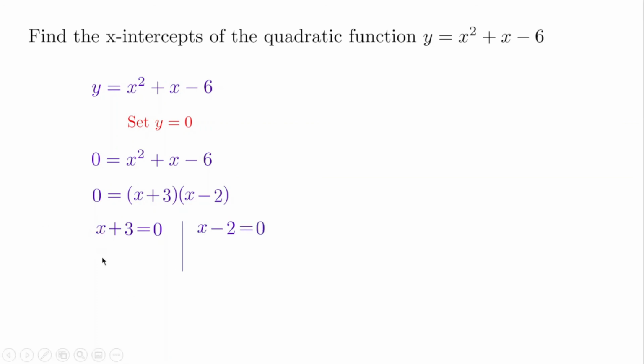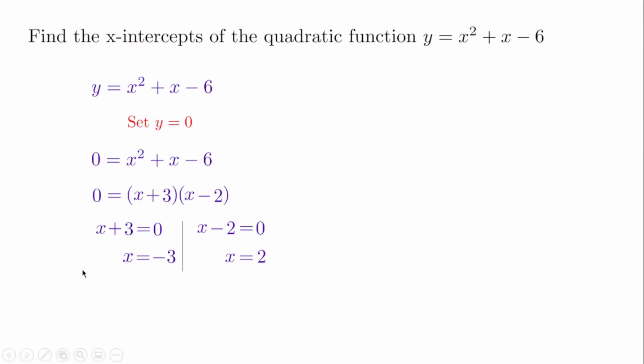Solve for x, so we have x equals negative 3, and x equals positive 2. So negative 3 and 2 are the x-intercepts.